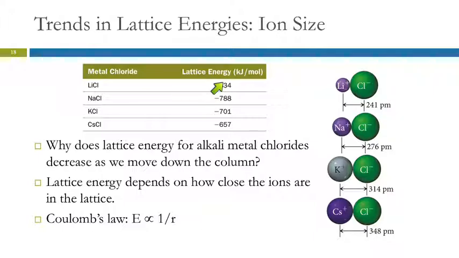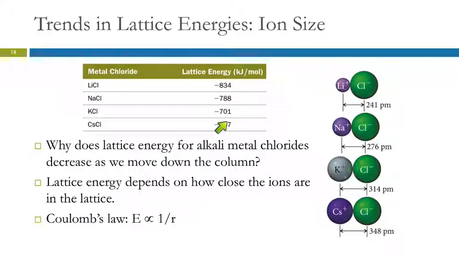Why does this happen? Well, remember Coulomb's law: the force of attraction between the oppositely charged particles is inversely proportional to the distance between them. So the further apart they are, the lower the attraction. So this being a larger negative number, these ions must be able to get closer together than the cesium and the chloride.